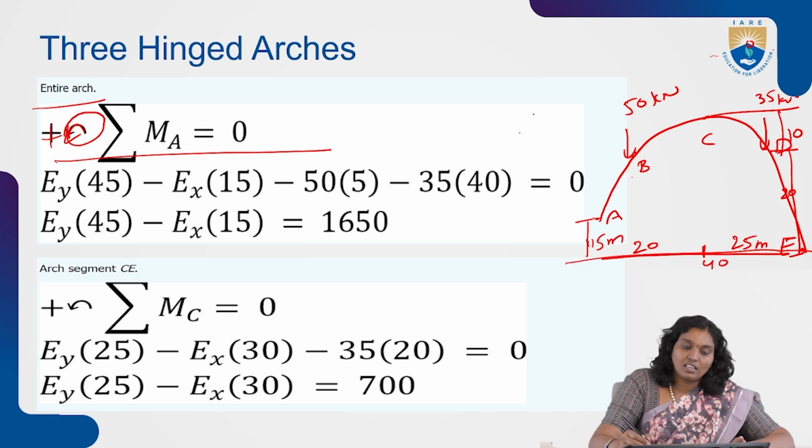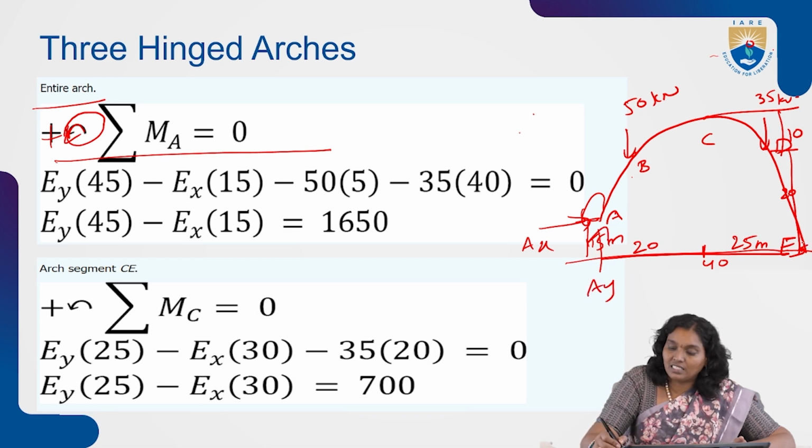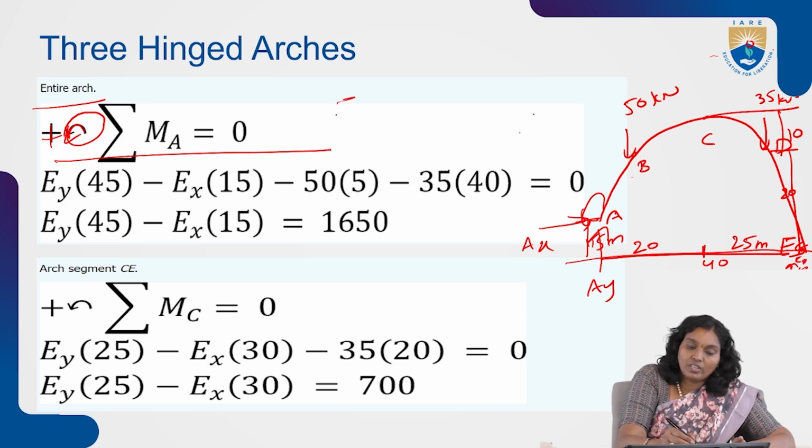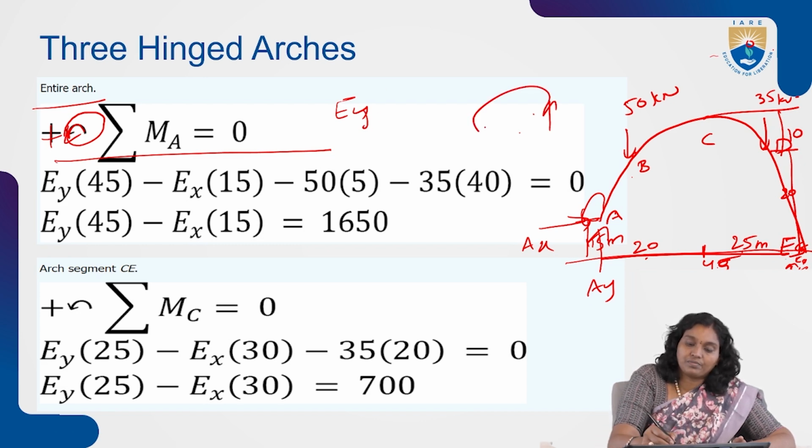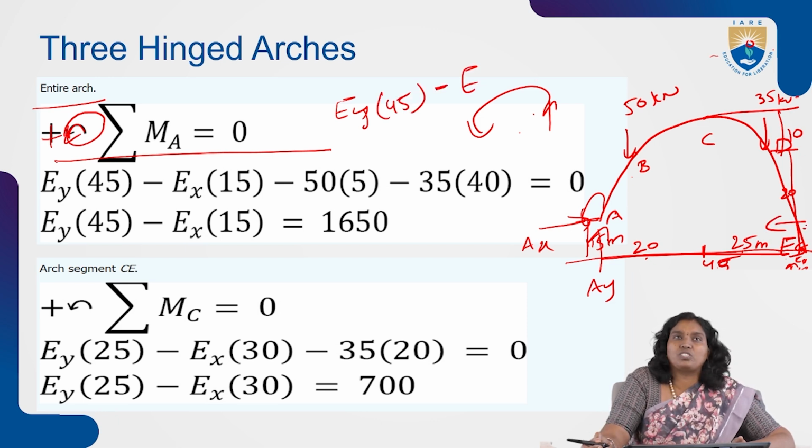So here, considering the moments about A. This is AX horizontal, this is AY, and this is EX, and this is EY. Now EY, the overall distance 20 plus 25, 45. So that is EY multiplied by 45 minus EX, because it is in the opposite direction.